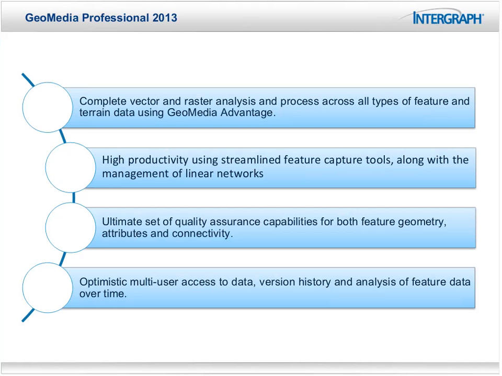And it does provide an environment in which multiple users can access and edit data simultaneously. It provides version history and analysis of that feature data over time if you need that. But to highlight some of the quality assurance and edge matching capabilities, I'm going to allow Danny Kita to take on the next couple of slides and show a couple of videos himself.